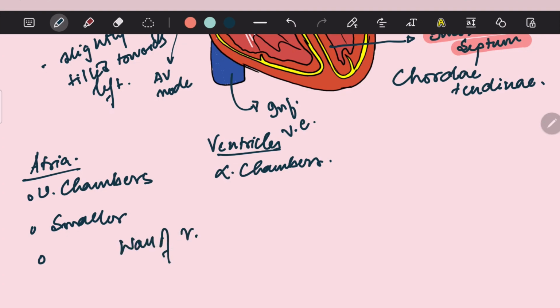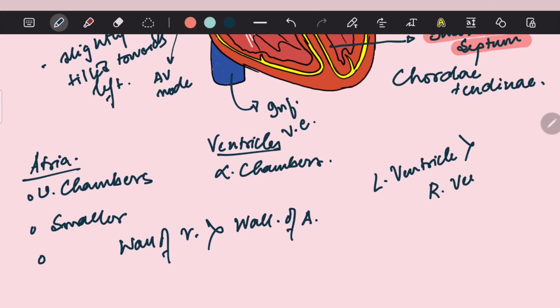Even if we compare the walls of the ventricles, the wall of the left ventricle is thicker than that of the right ventricle. And why is it so? We will get to know in a while.